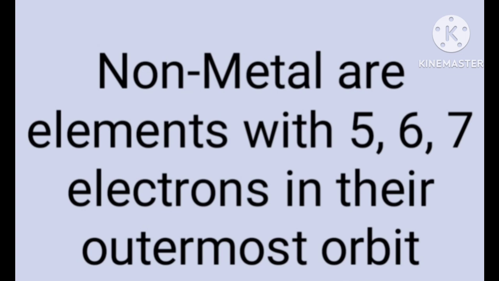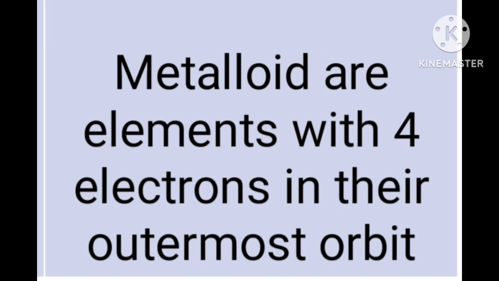That's why it is hard for them to lose the 5, 6 or 7 electrons present in their outermost orbit, but it is easier for them to gain 3, 2 or 1 electron in their outermost orbit. That's why, as they take the negative charge of electrons, they get a negative charge. That's why non-metals are negatively charged.